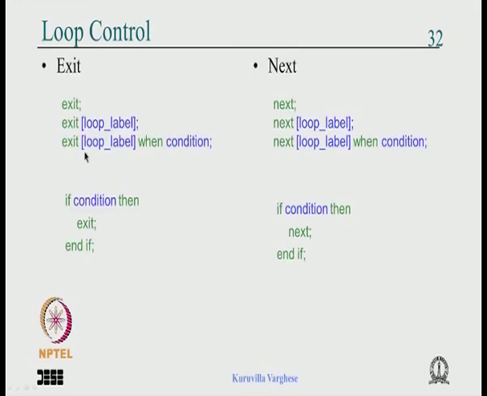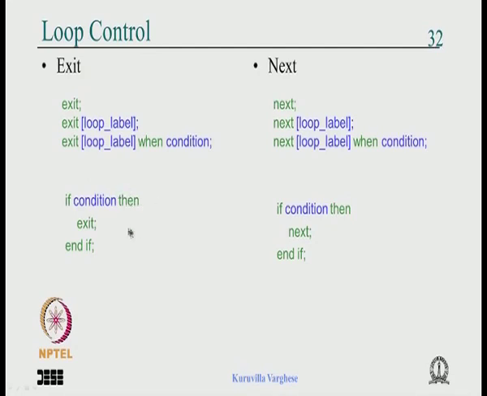You have loop control, the exit, that means wherever you say exit it can be exited, not very useful in the plain form, because that means you are not using that loop after you encounter exit, but you can say on a condition, when some condition is met you can exit.